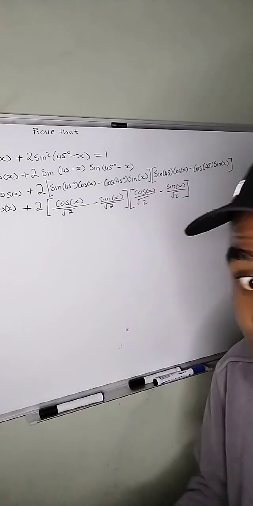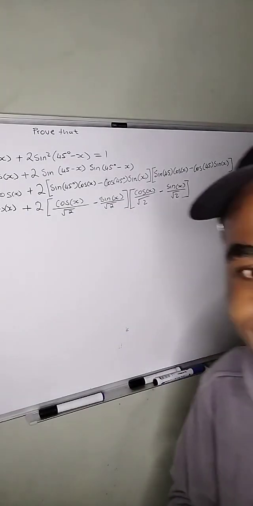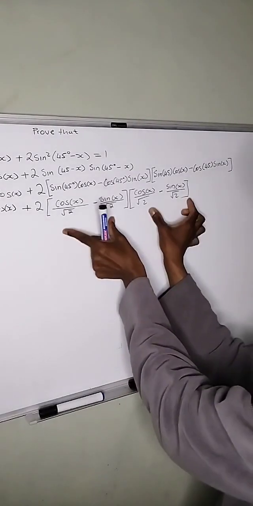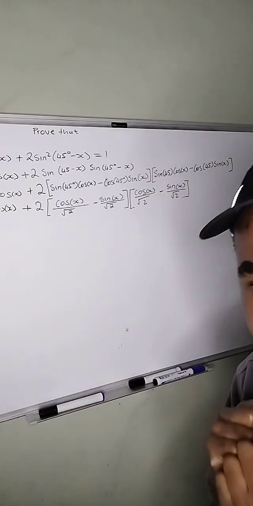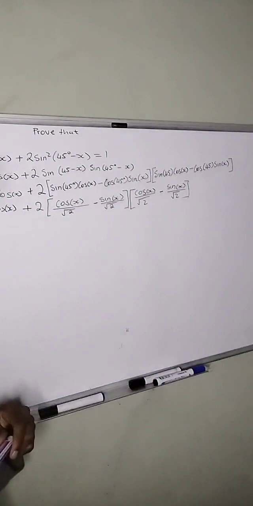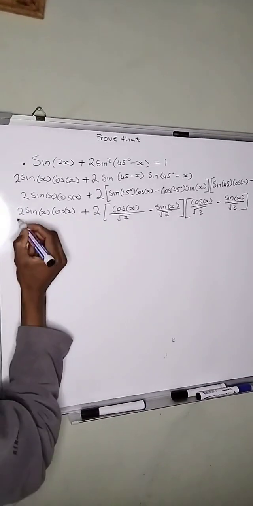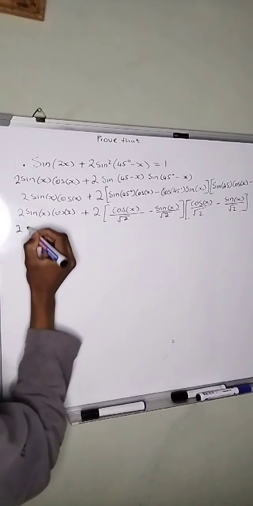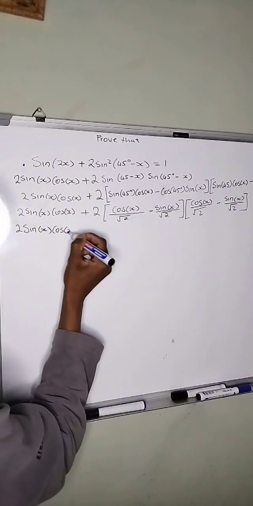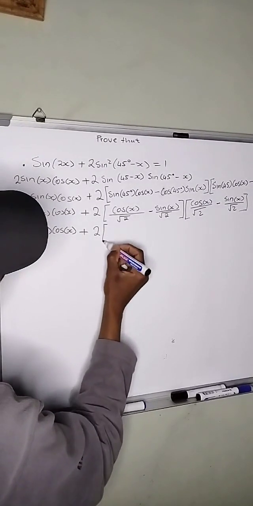Yes, we add or we subtract. Ne? Thank you very much. We minus. Yeah, it's the correct thing. So I'm going to make the denominators the same, right? Yes. So I'm going to have what? This side I'm going to maintain. This side I'm going to maintain. 2 sine x cos x plus my 2.